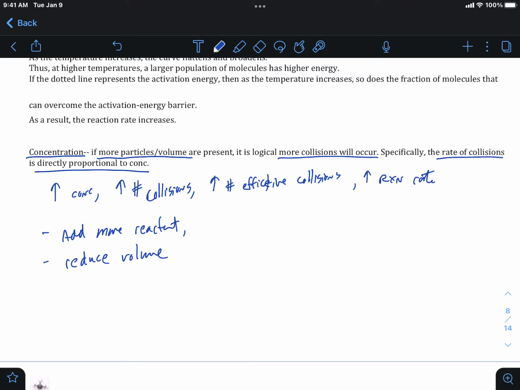Right, so consider a piston system. If they're closer together, they're highly concentrated. And the closer they are together, the more collisions they will have with each other, increasing the possibility of effective collisions. Okay. So that's why we say the rate of collisions is directly proportional to the concentration.